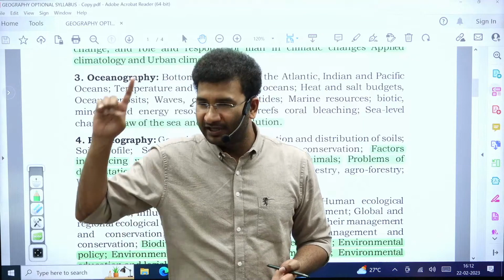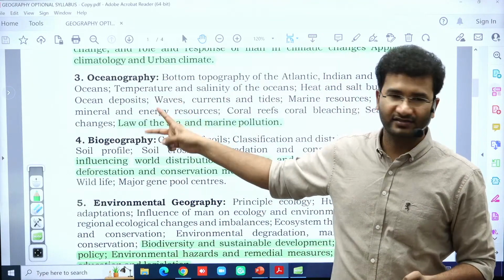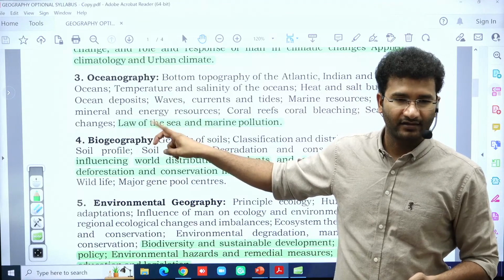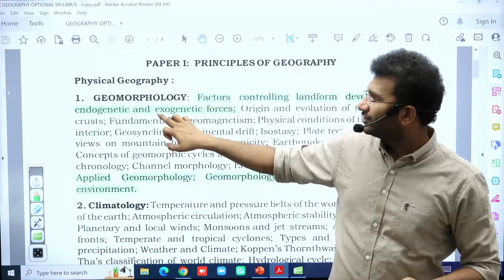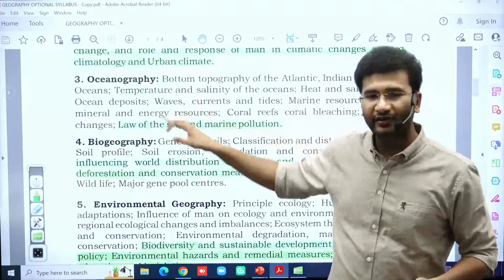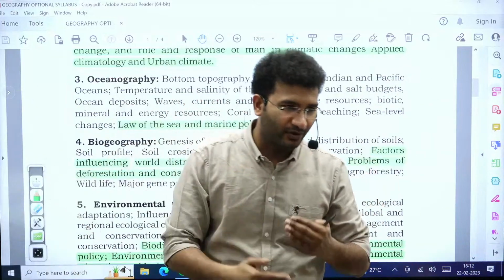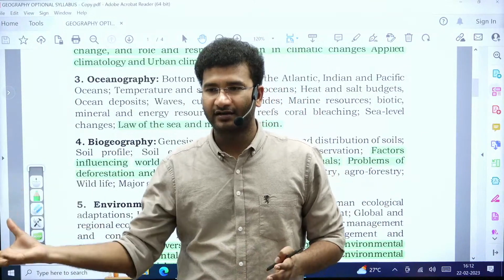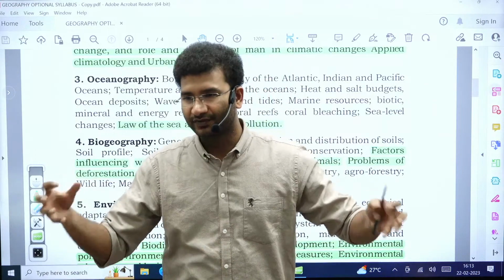So, you will also apply the application of climatology to oceanography. These two are sisters to each other, right? And when you study geomorphology, climatology, and oceanography, your base will be complete. Upon this, you keep on adding content: social angle, economical angle, political angle, applications of these landforms.